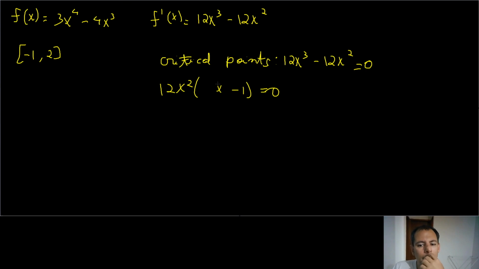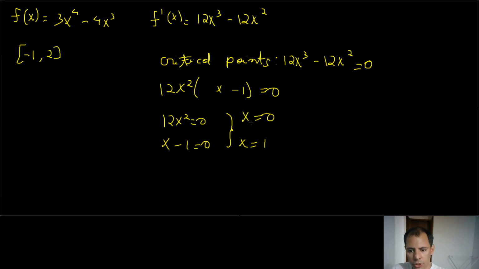So you have two things in here: when 12x squared equals 0 and when x minus 1 equals 0. From here, you can see that this is going to be when x equals 0 and when x equals 1. So at these 2 points, you're going to have critical points.